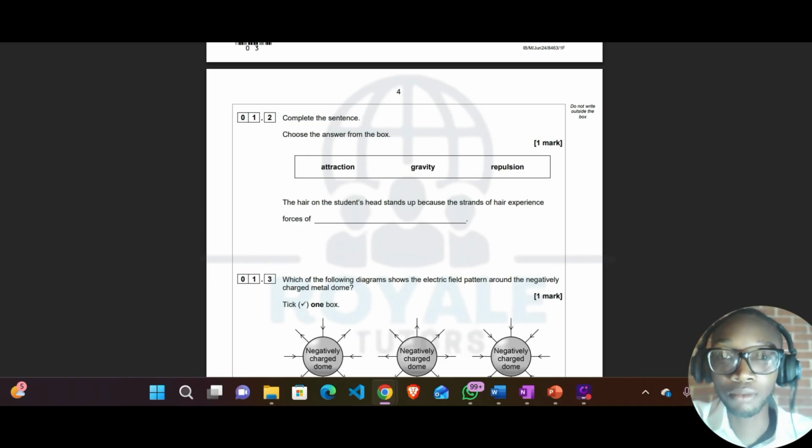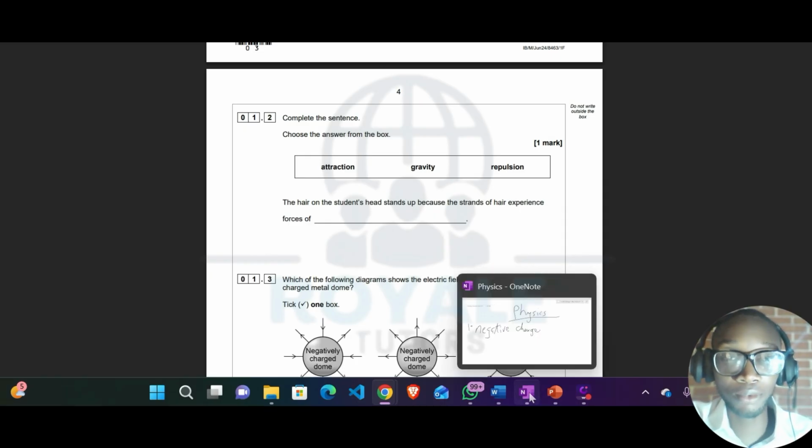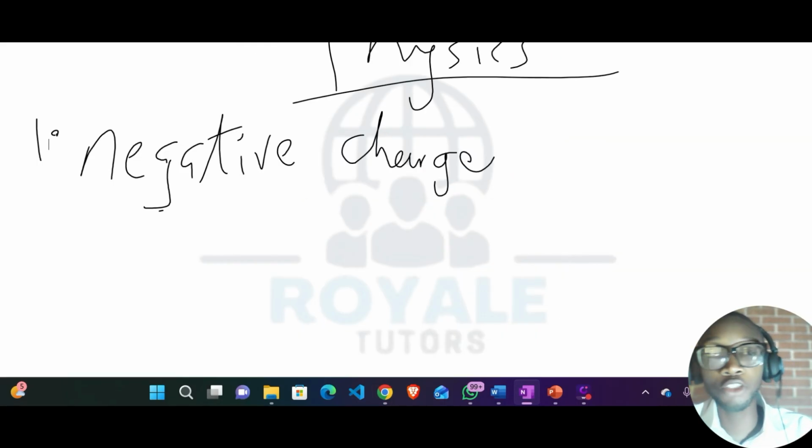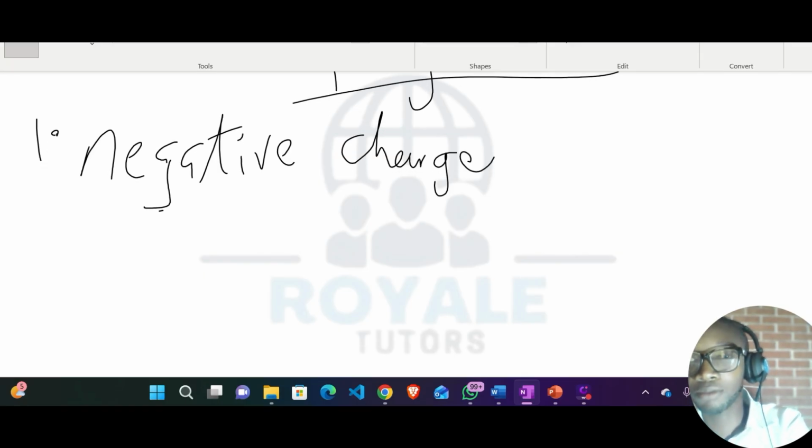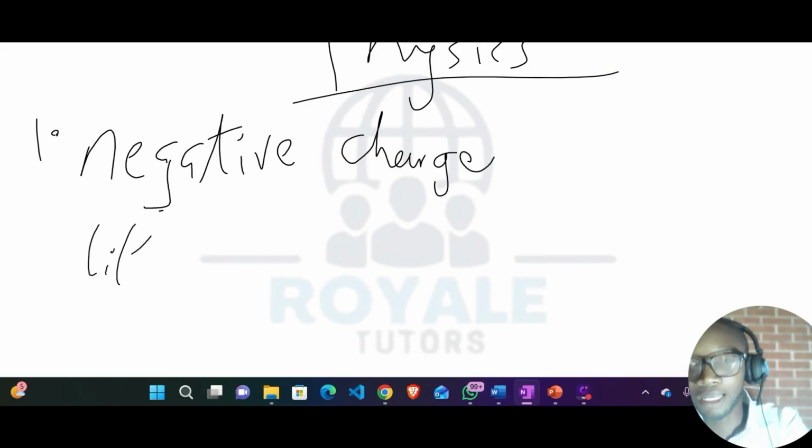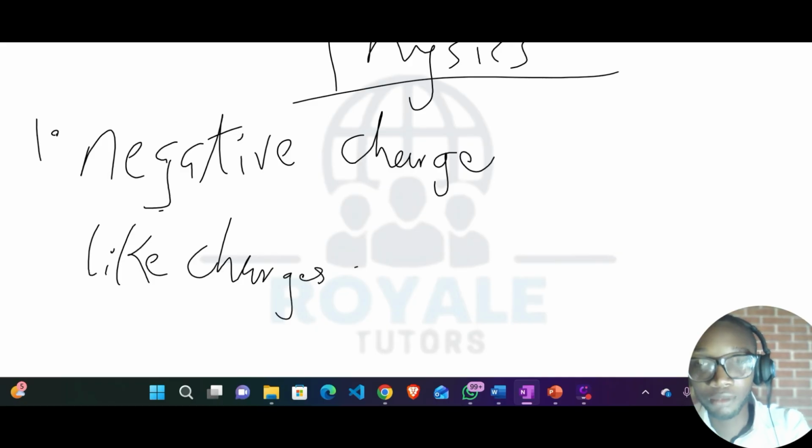Now here it says the hair on the student's head stands up because the strands of hair experience forces up. Now don't forget something. We already said it is a negative charge. And if we remember when we talk about charges, we said like charges, they repel.